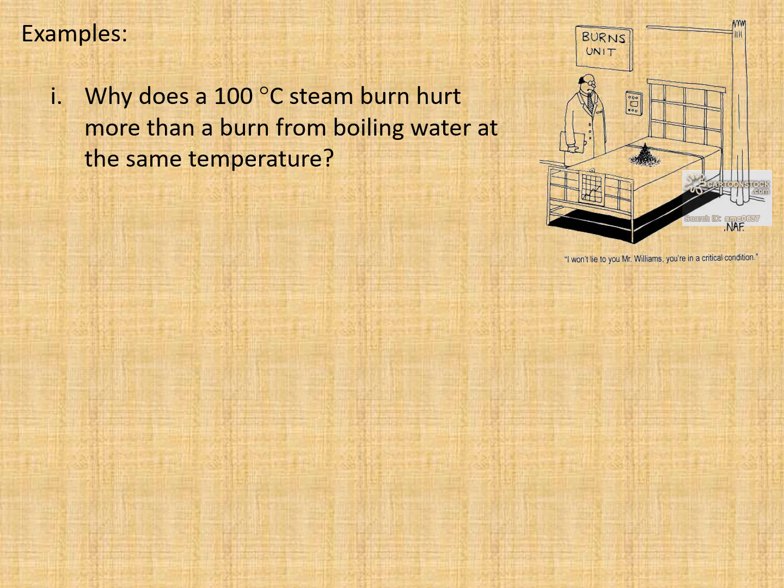That energy, that latent heat of vaporization, gets transferred to your body, causing a burn. So in 100 degrees Celsius boiling water, the water molecules are moving quite fast and certainly those fast-moving liquid water molecules can burn you, but you do not have the added amount of energy being added to your body in the form of this latent heat of vaporization.